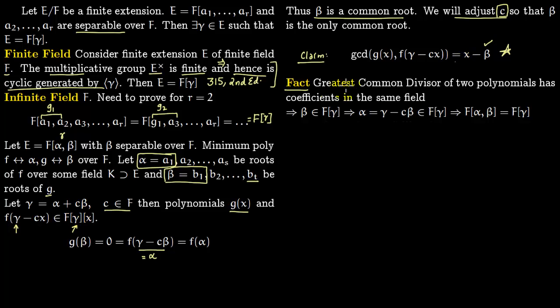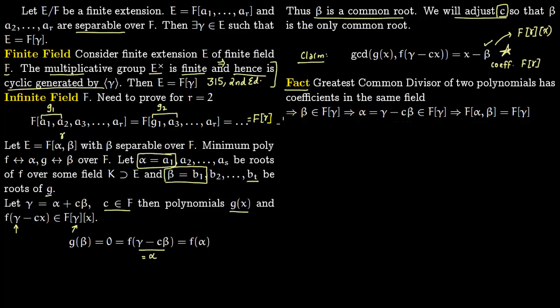So this fact says that the greatest common divisor will also have coefficients in the field f of gamma. In particular, notice that beta is a constant here. So that implies that beta lies in f of gamma because it's a coefficient.